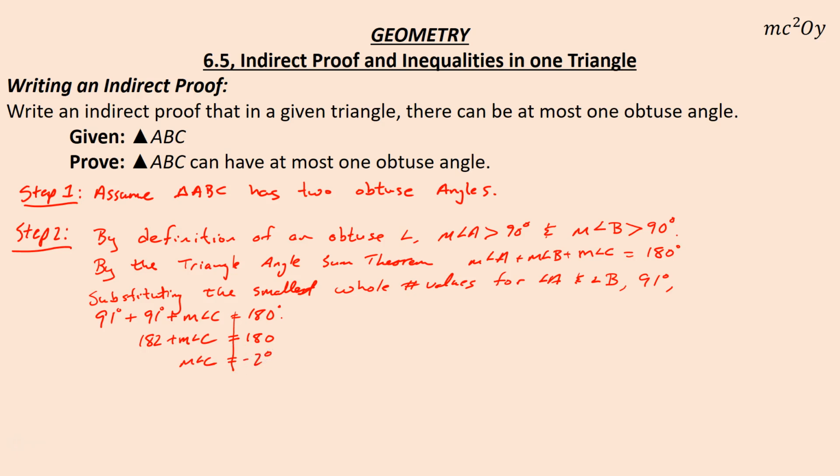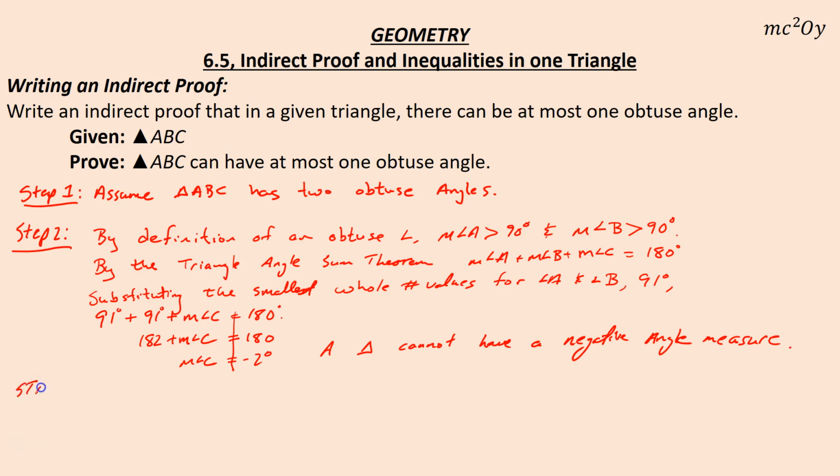A triangle cannot have a negative angle measure. So you've now disproven step 1, which was assuming the triangle has two obtuse angles.